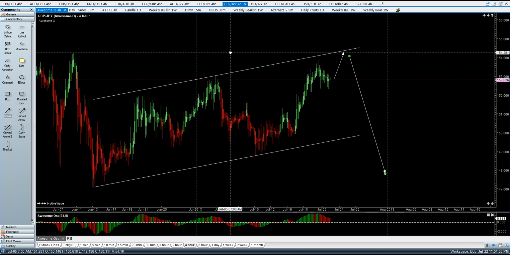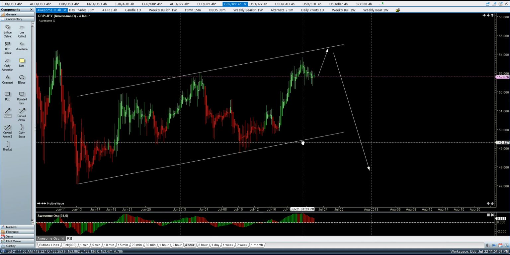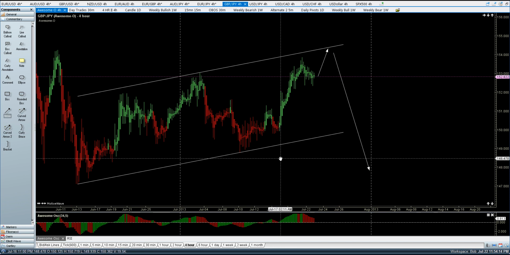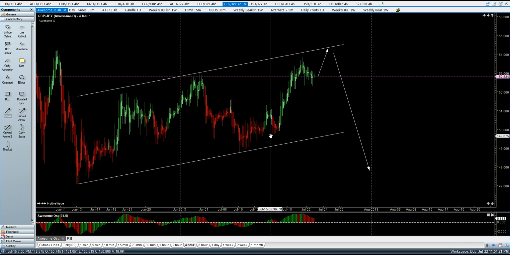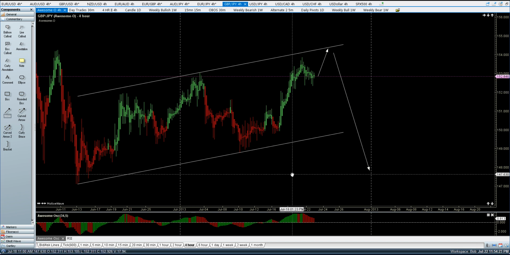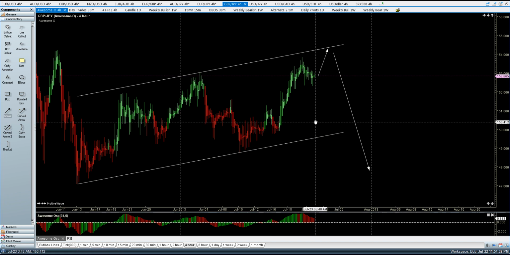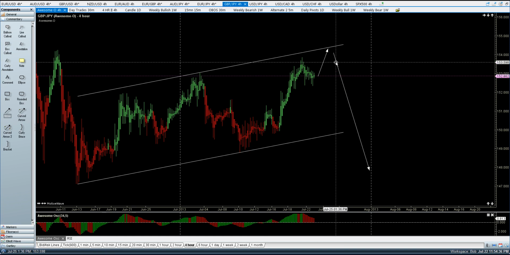Pound yen. I didn't put anything on here for trades. We would have had a saucer here, which would have been already out. And we had a saucer here, which I wouldn't really call a saucer, but maybe we'll see a little more pullback in the saucer here for a run back up to the top of the channel again.